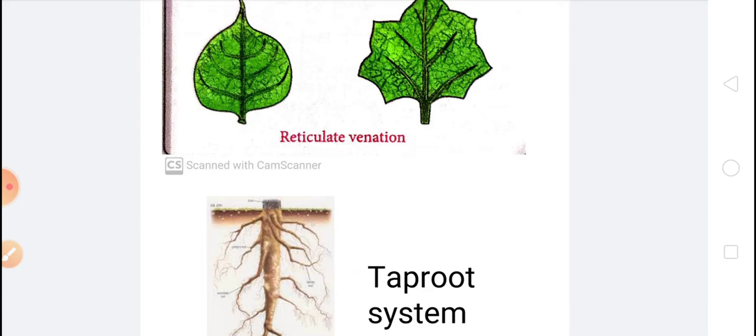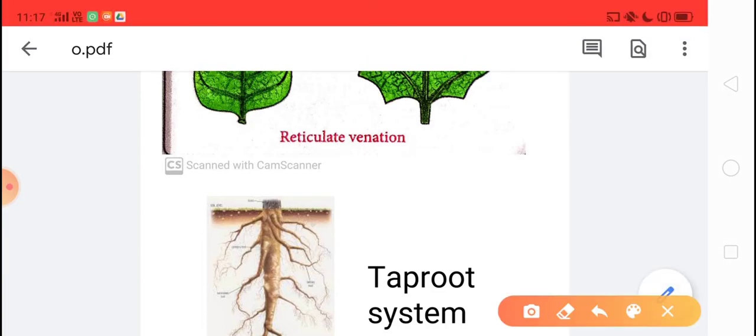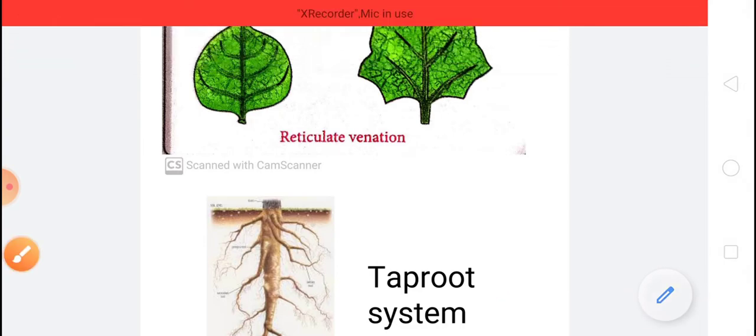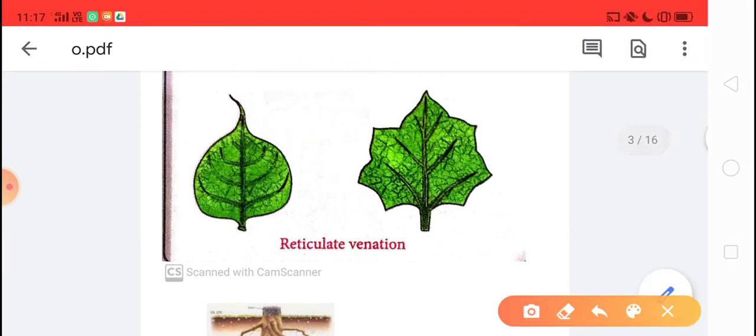In reticulate venation, the veins are arranged in the form of network on both sides of the leaves, and such network is called reticulate venation.